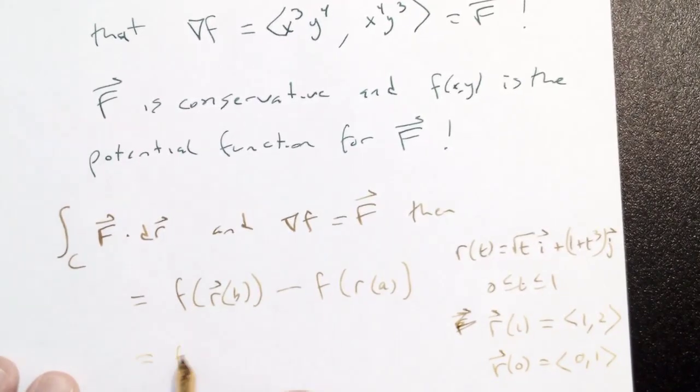So I take F of (1, 2) minus F of (0, 1).